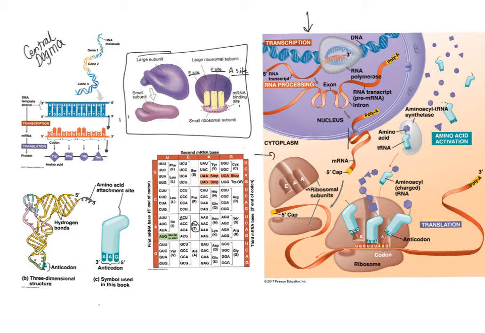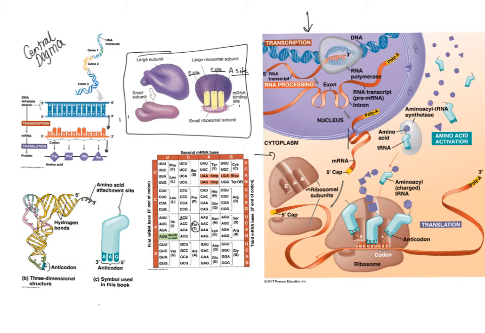So as the mRNA attaches to the ribosomal subunits, and the ribosome begins to read the mRNA transcript, it requires another type of RNA molecule called tRNA in order to translate this mRNA transcript into amino acids.